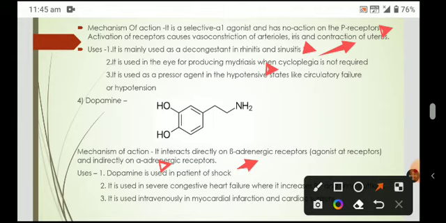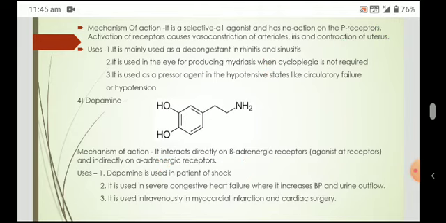Directly to the beta, indirectly to the alpha, and it will show its action. Uses: used in the treatment of shock, used in the treatment of congestive heart failure, and third, used in myocardial infarction and cardiac surgery in intravenous form.